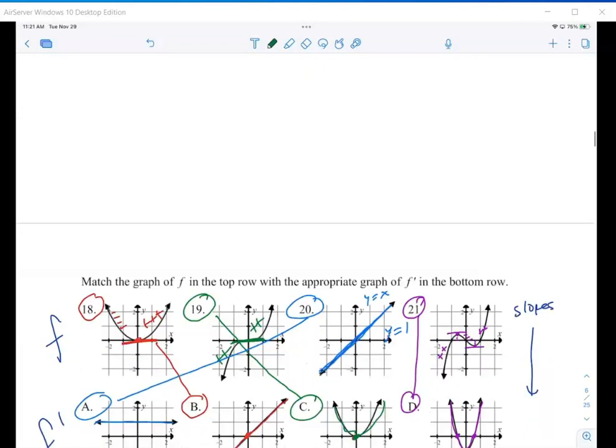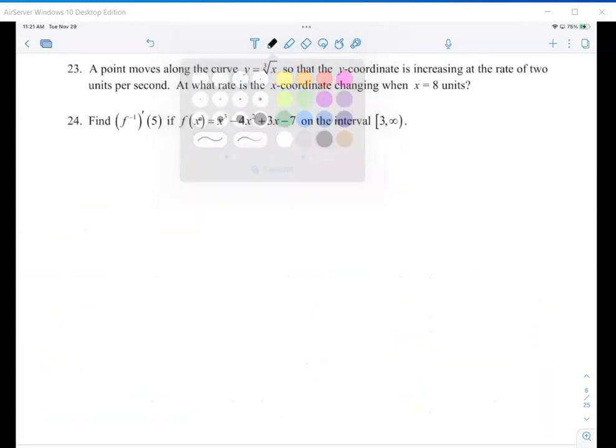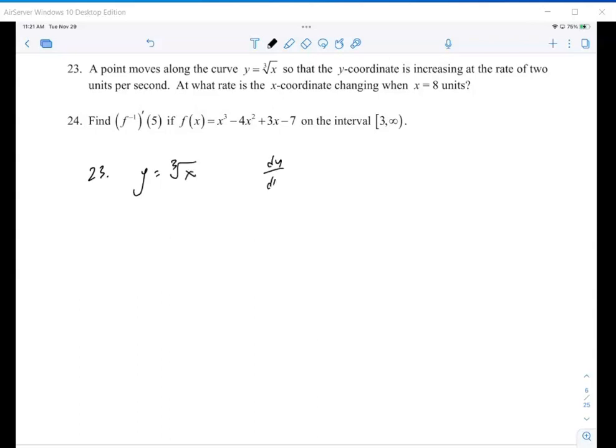Okay. So for number 23, a point moves along the curve so that the y-coordinate dy/dt is increasing at a rate of 2 units per second. At what rate is the x-coordinate increasing when x is 8? Here we go. Take the derivative of this with respect to t.